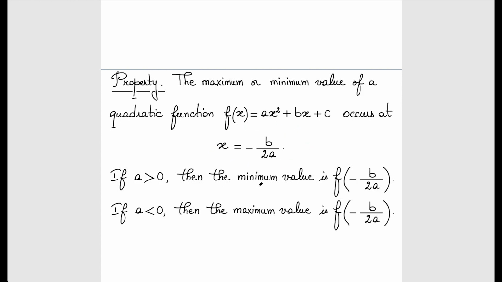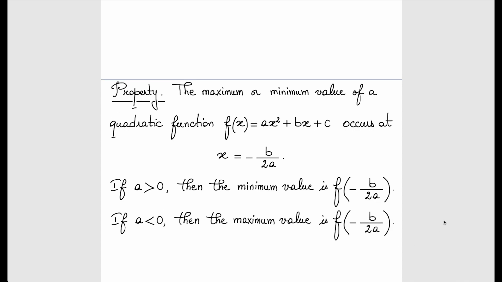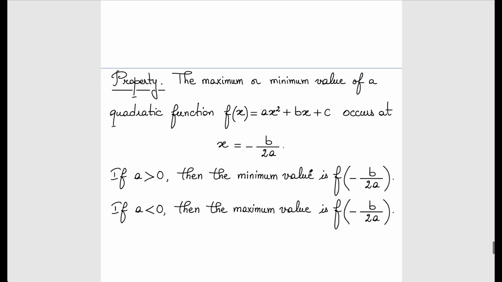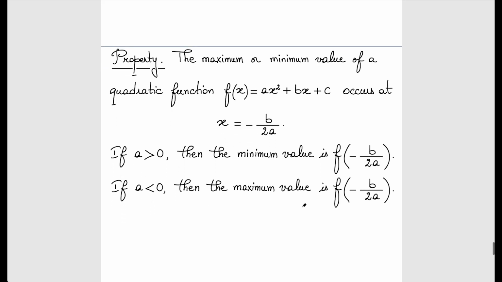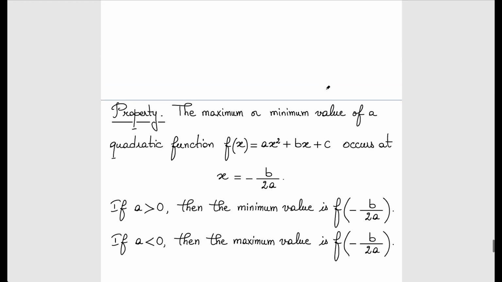Now it's a minimum if a is positive, so f of that is going to be the smallest value that the function takes, and if a is negative, then f of that is going to be the largest value that the function takes. Okay?